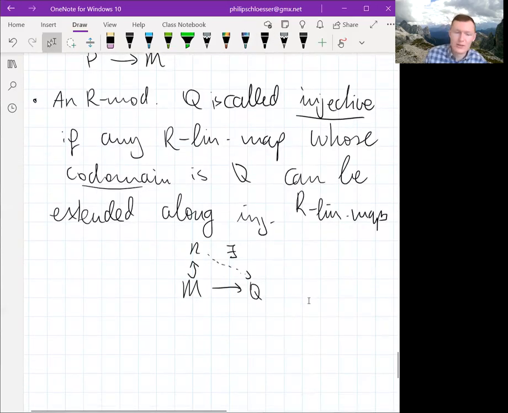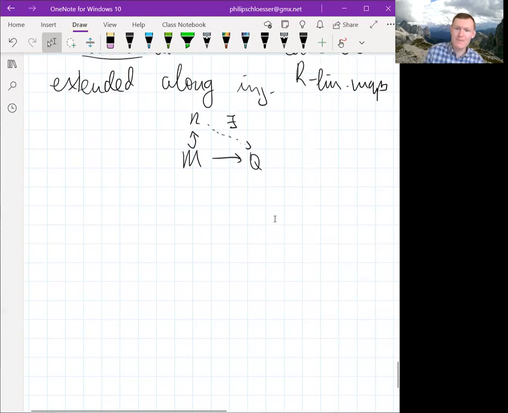And, well, I guess you could again say a module is injective if it's projective in the opposite category, and vice versa, which is sort of something that we should keep in mind.